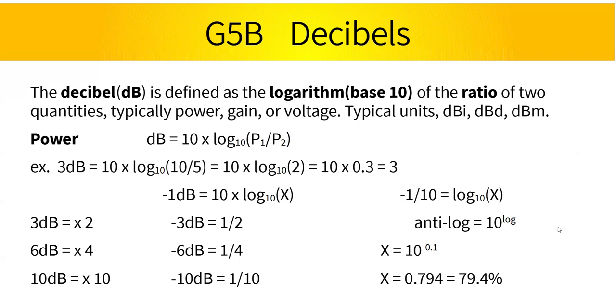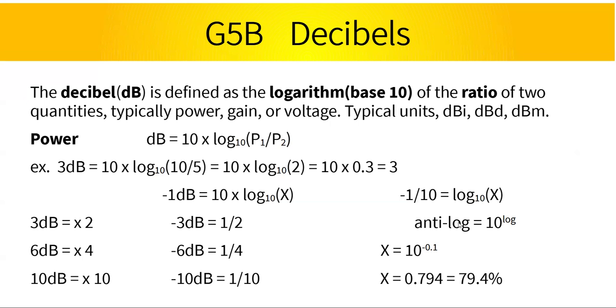The one important one here is how to do the anti-log. I'm pretty sure there's a question on the General, probably the hardest question on the General, which I think is coming up next. You have to do the anti-log.